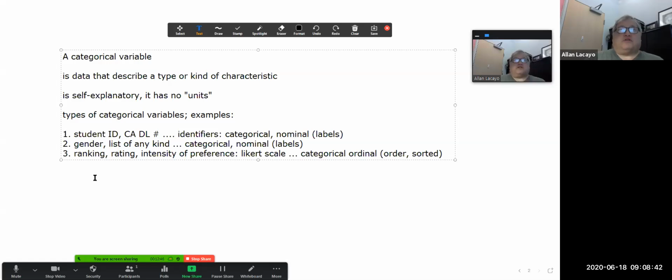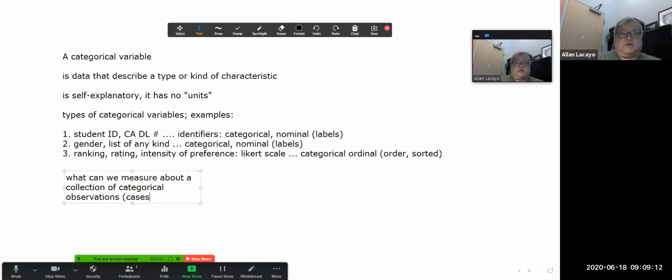What are we going to do with categorical variables, with data that are in categorical form? What we're going to do with categorical data is find out what it is that we can measure about those categorical variables. So what can we measure about a collection of observations, or cases, or responses from a survey?